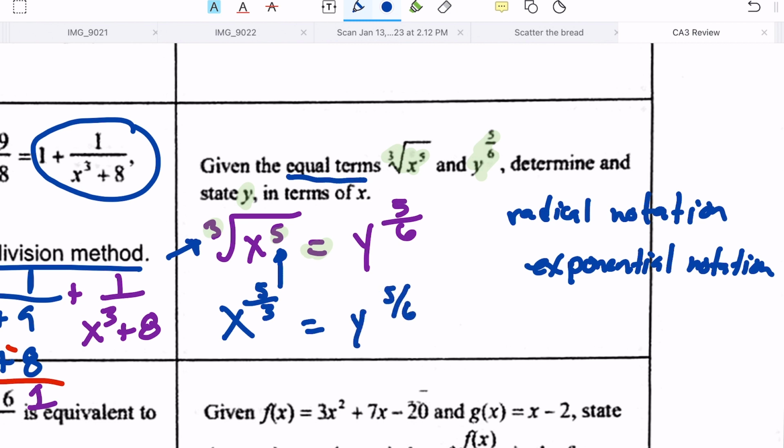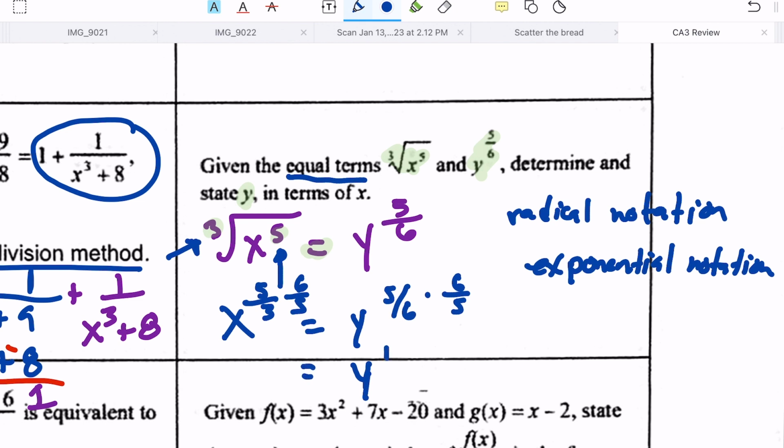Now to get y by itself, that has to equal 1. So we have to multiply by the reciprocal, and we have to multiply by the reciprocal on the other side as well. So when we do that, that becomes 1. So y to the 1 is y.